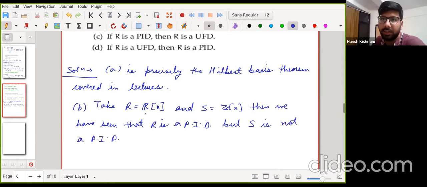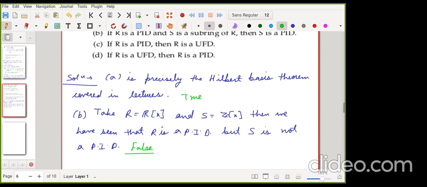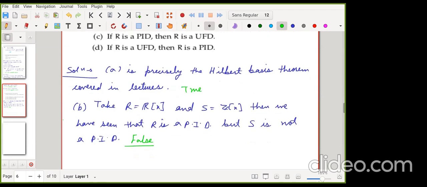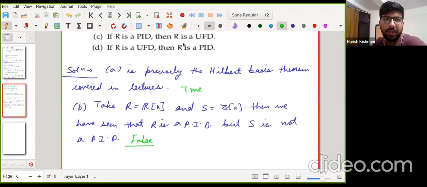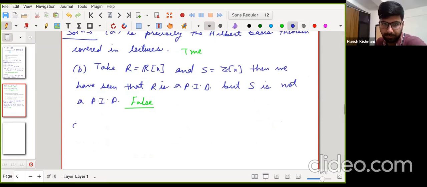Okay, so the statement is, this is false and this one is true. And the third one we have already proved, right? Every PID is a UFD, that we have already proved above. This is true.